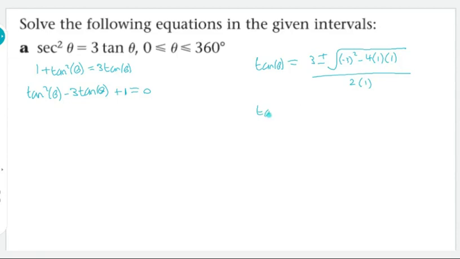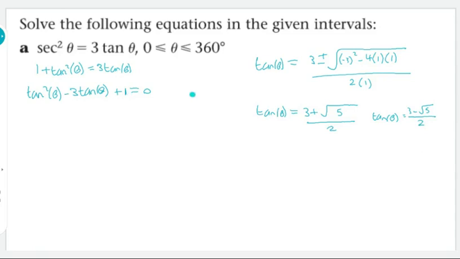And tan theta is equal to 3 plus the square root of, underneath the square root, it simplifies to 5, all over 2, or tan theta is 3 minus the square root of 5 over 2, like that.